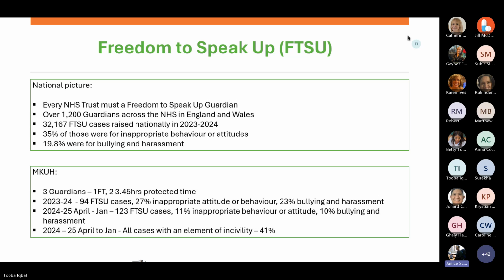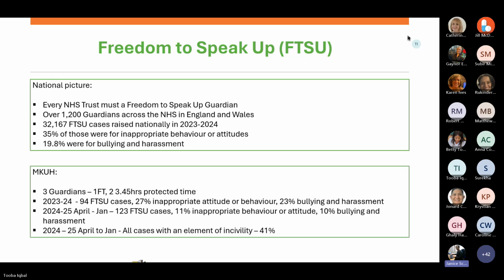So every NHS trust must have at least one Freedom to Speak Up guardian, and they can be in any guise. They can be protected time, a secondment or a permanent post. Nationally in 2024, there are over 1,200 guardians. I'm guessing that figure's probably doubled because there's been different guidance come out in the last year.